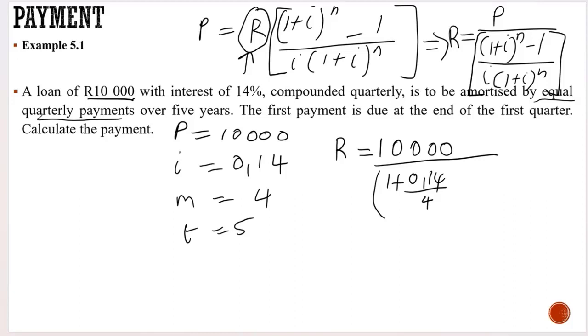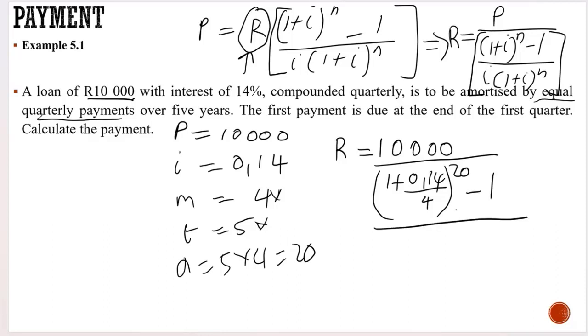What is your n? n is equal to 5 multiplied by 4, which is 20.